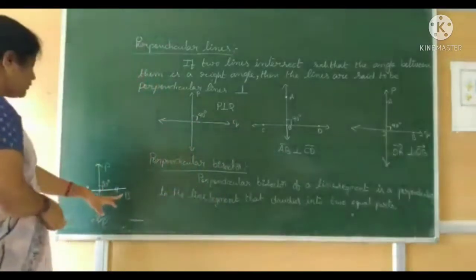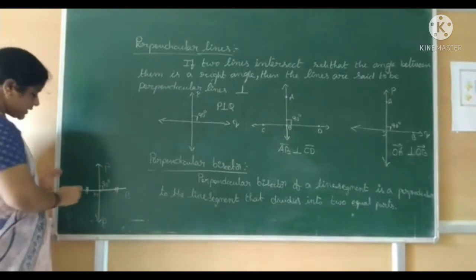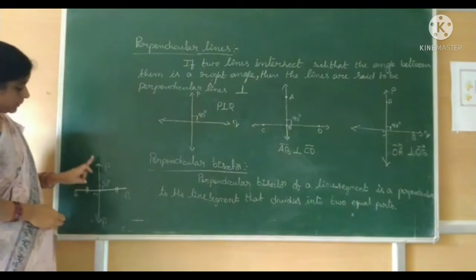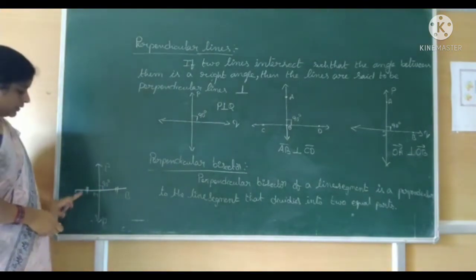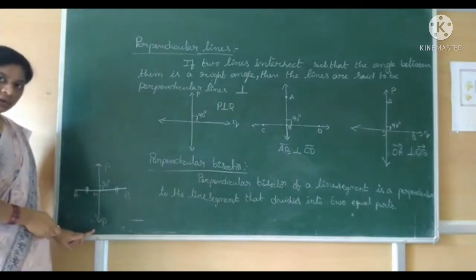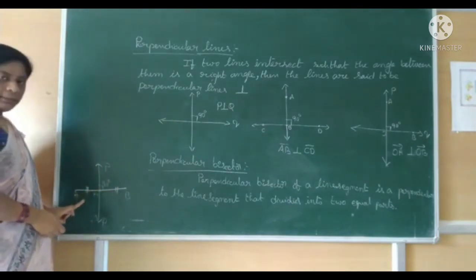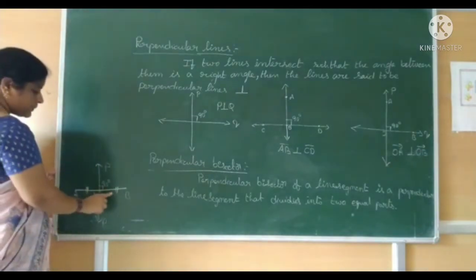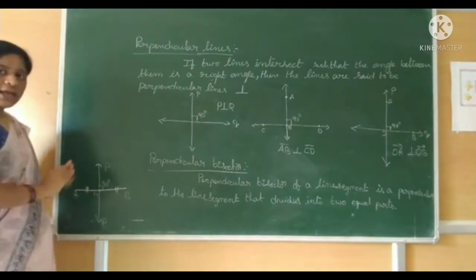See here. AB is a line segment. PQ is a line. This PQ line is perpendicular to AB and it bisects it exactly into two parts. These two parts are equal, A to M and M to B. Both are equal.